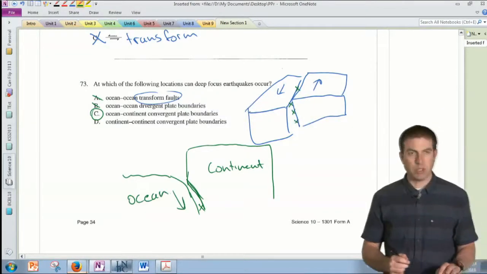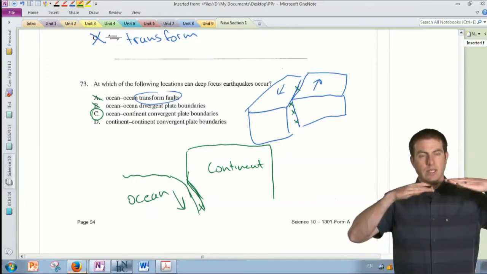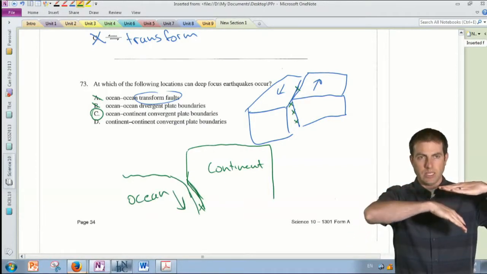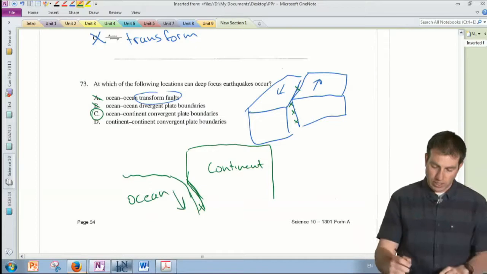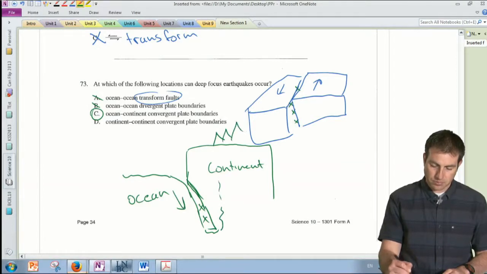Because it's getting subducted, you get really deep earthquakes because they're in contact very, very low down, all the way until they start to melt. And then you get your volcanoes and stuff happening here.